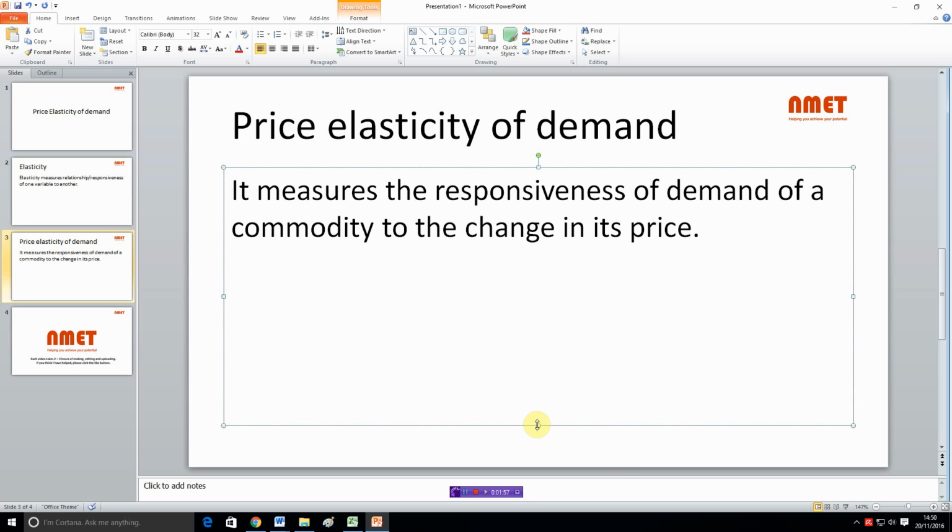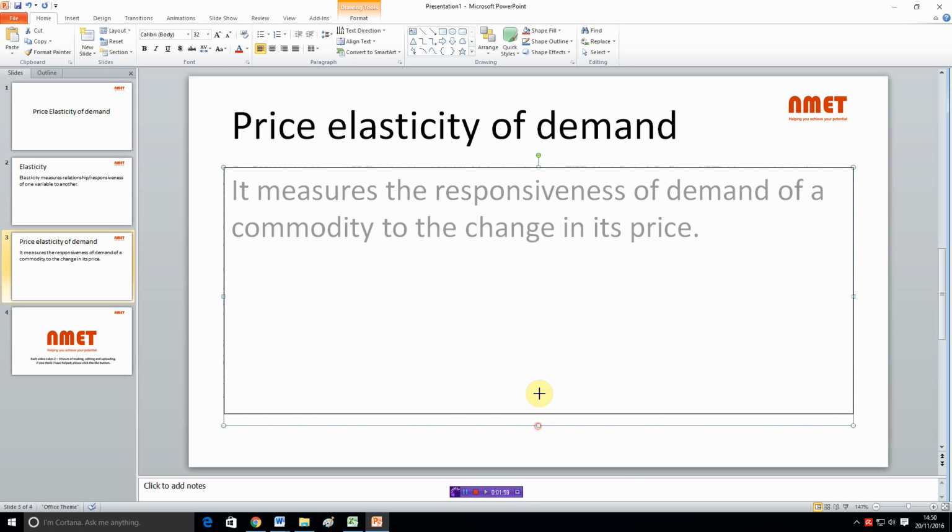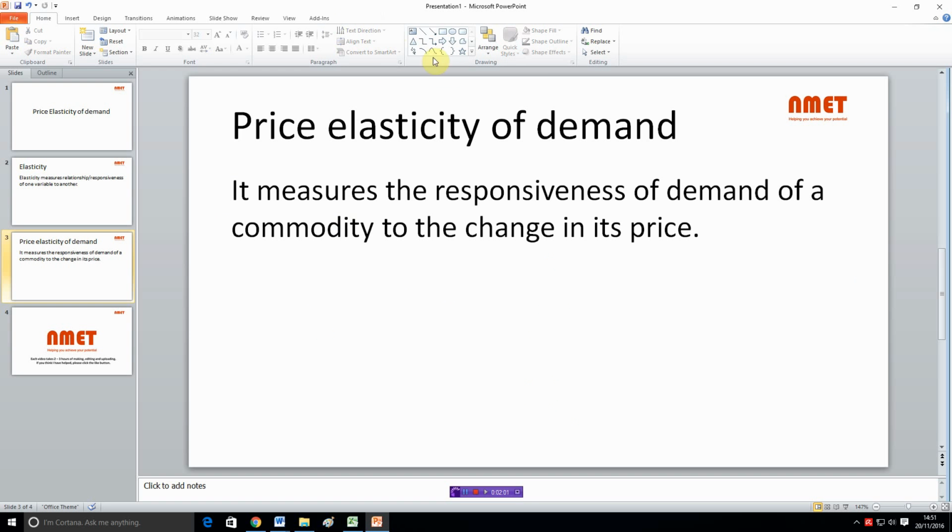So how do we calculate PED? We calculate PED by using the formula.